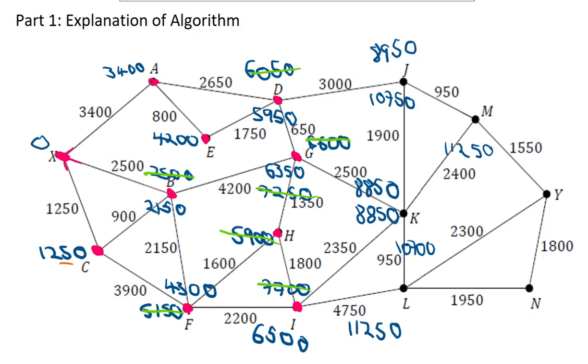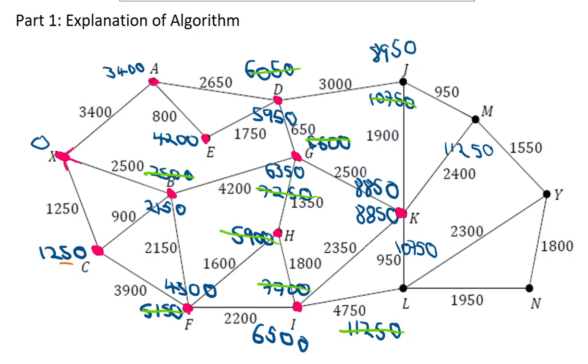Now, okay, cool. 10750, sorry, 10750. So I'm getting all backwards now. So K is now visited. We've left K and gone to everywhere, and we've found that 10750 is the quickest way to get to L. It's not the quickest way to get to J, so that 8950 is still there.